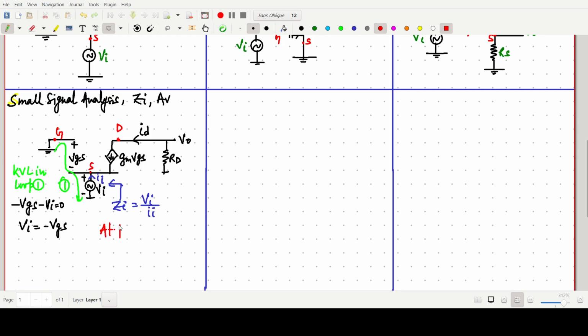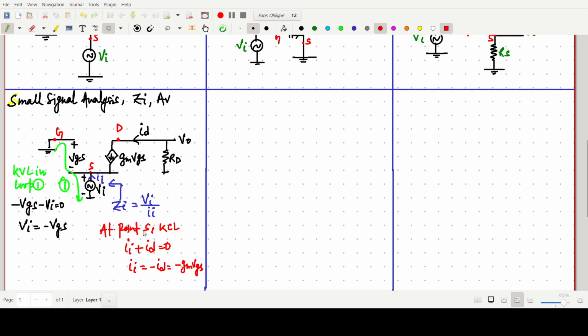At point S, if we apply KCL, what we can write? The total incoming current Ii plus ID goes to 0. So the Ii value is minus ID, and ID is gm VGS.